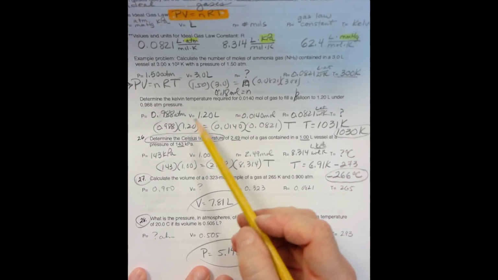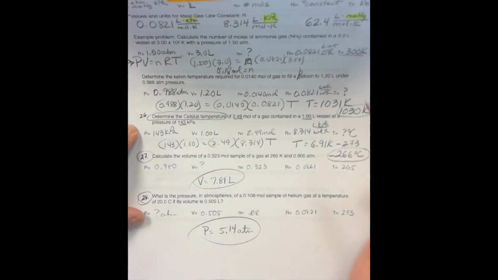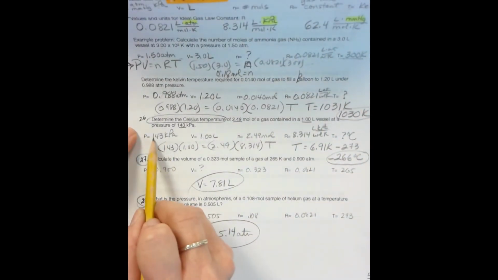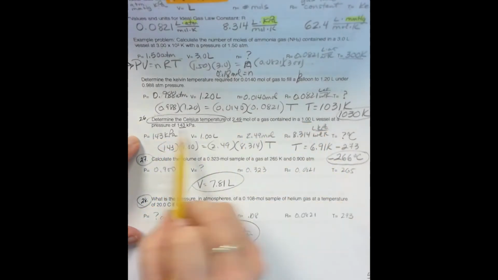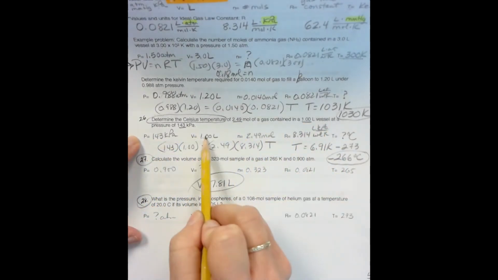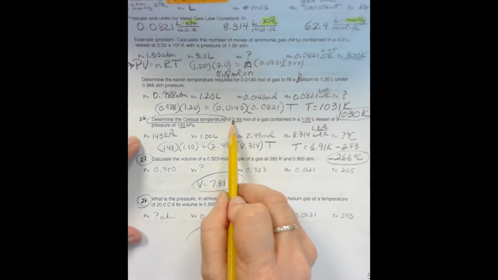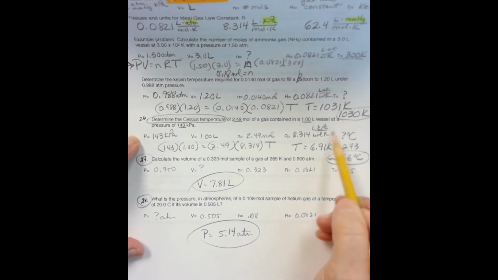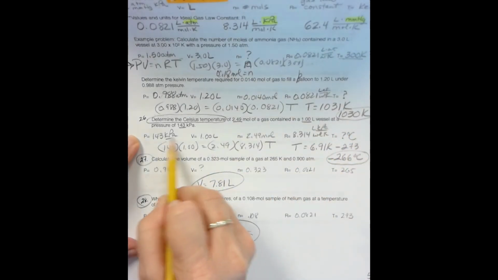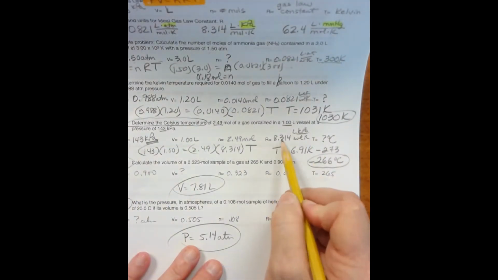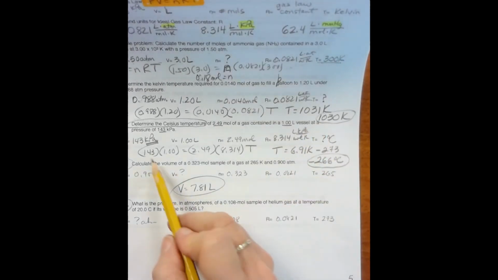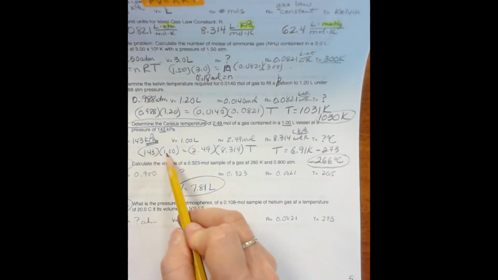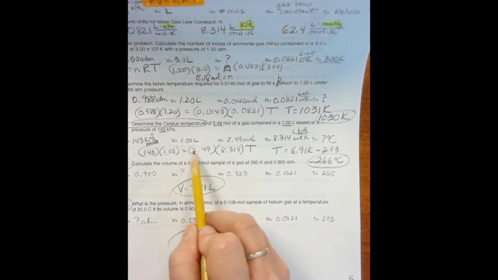Let's look at one more here. All right, so again, we're solving. I'm going to go down to 26 because it has a different pressure unit. It says the pressure is 143 kPa. The volume is 1 liter. It says we have 2.49 moles of the gas. And the question is, what's the Celsius temperature? So here, since the pressure is in kPa, I'm going to use the R that matches kPa, so that's 8.314. And then I plug in 143 times 1 equals 2.49.